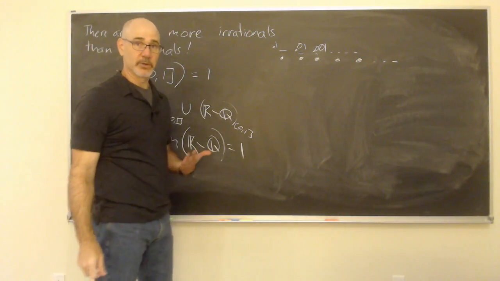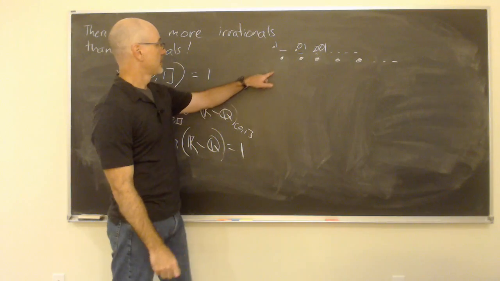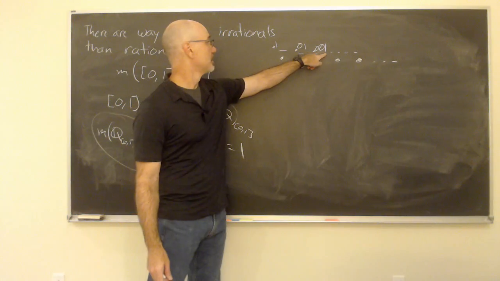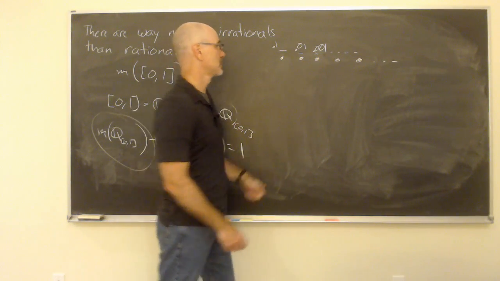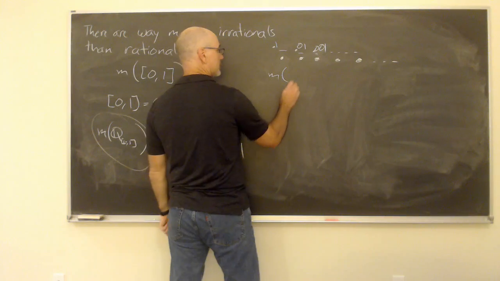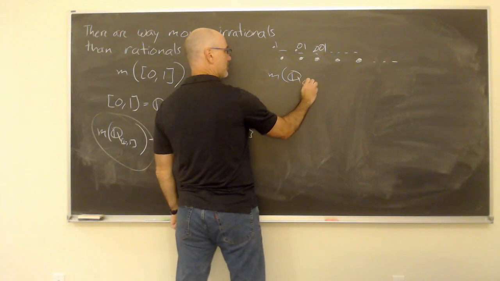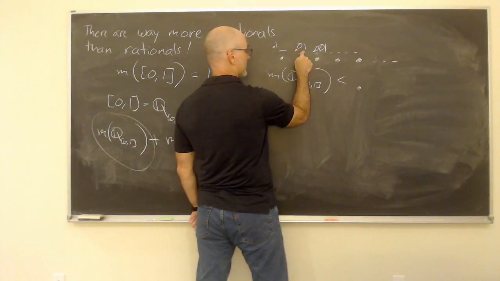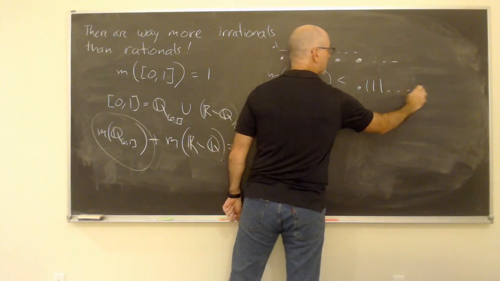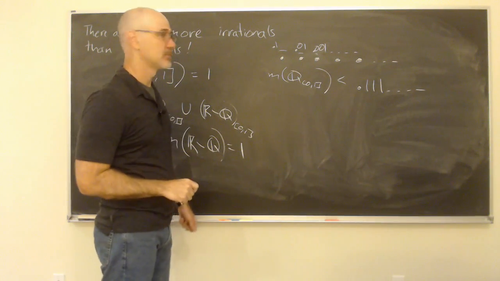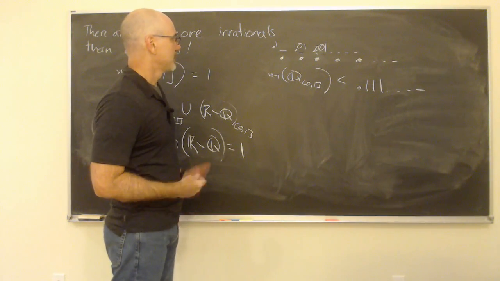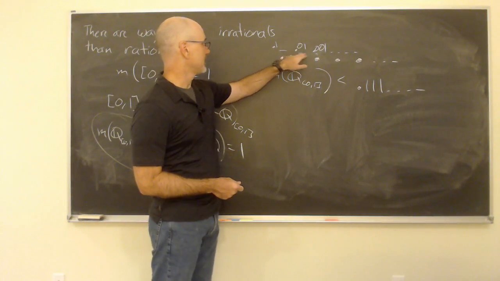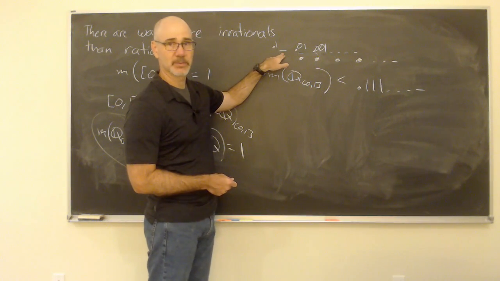Now we know that individual points have length 0, and so the measure of this set of points is less than the sum of the segments that are covering it. So the measure of all of the listed rational points has to be less than 0.1 plus 0.01 plus 0.001, so I would just get 0.111 and so on. But I have noticed that because points have length 0, I really overdid it with covering them with segments this long.